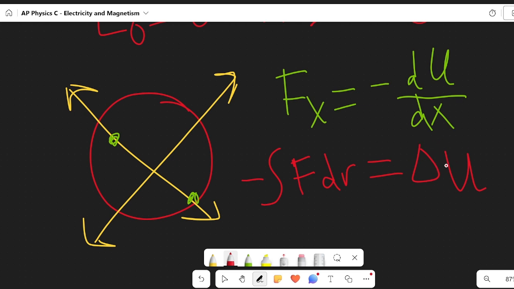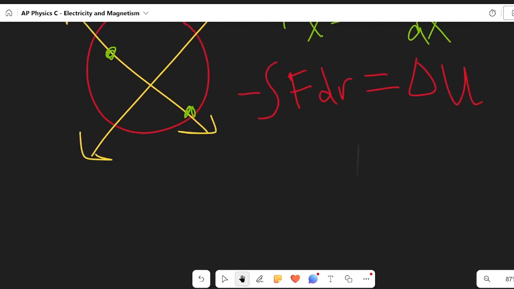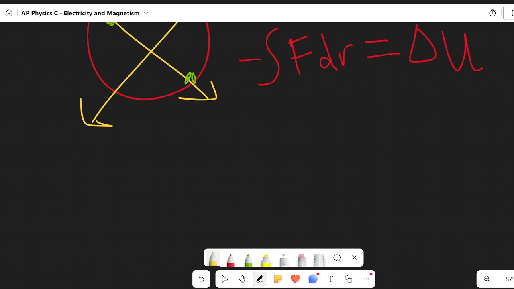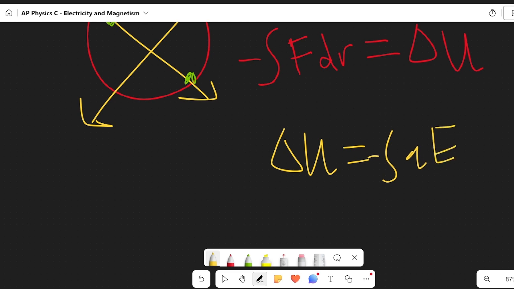The change in electric potential energy is delta U equals the integral of force times dr. Sorry, so the change in electric potential energy will be delta U equals negative Q E dr. Of course, we can take this Q out of the integral because Q is going to be constant.